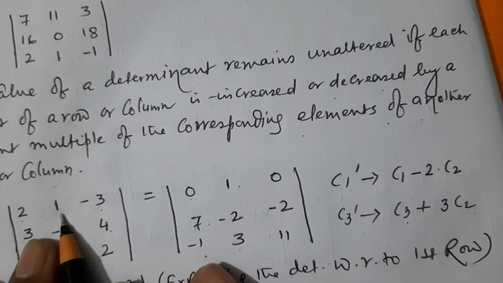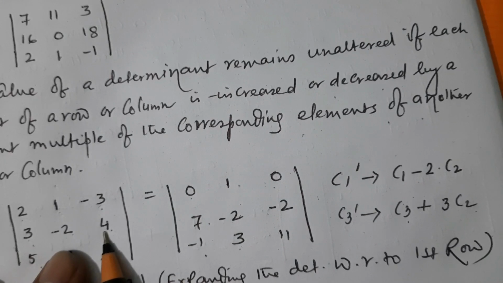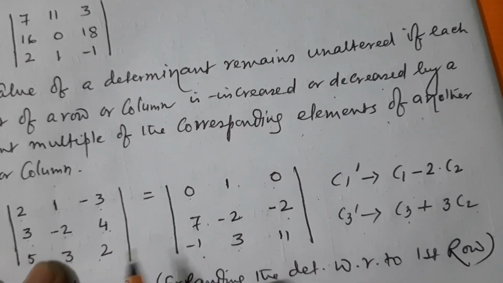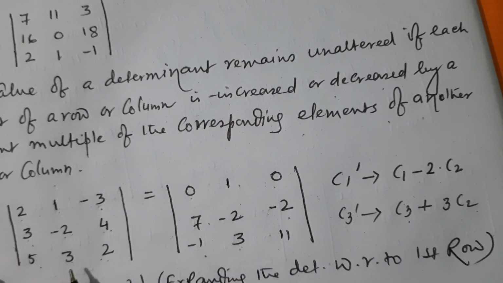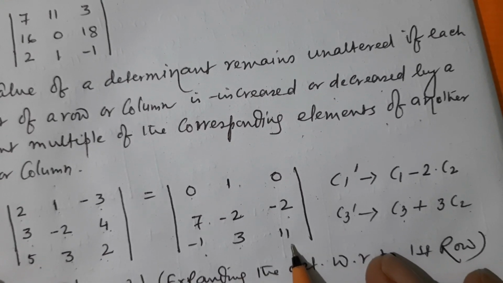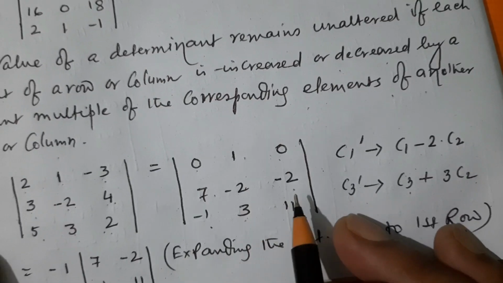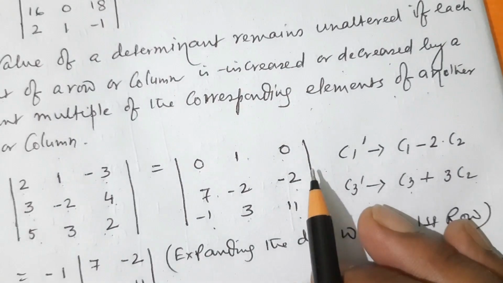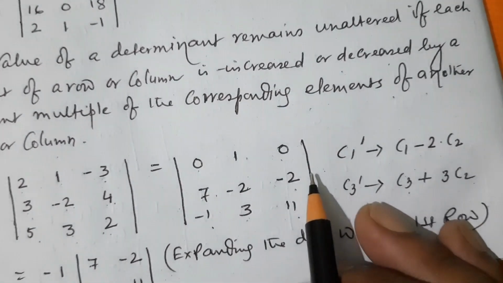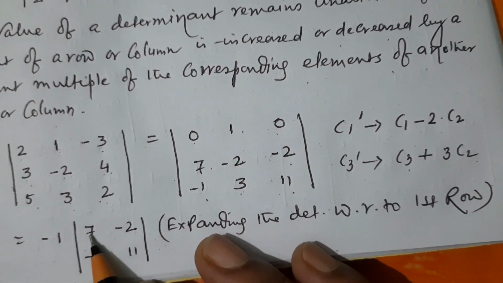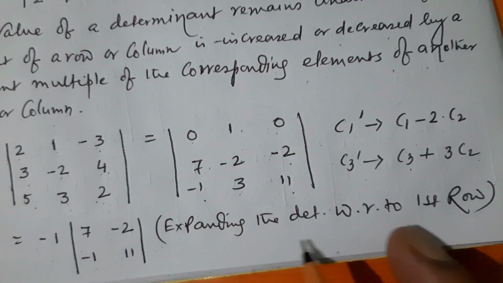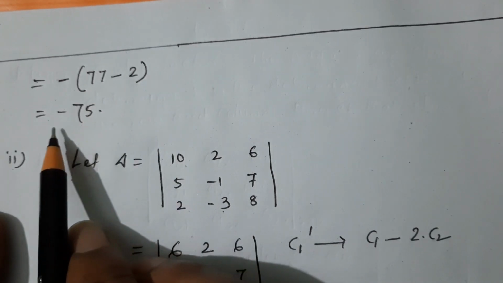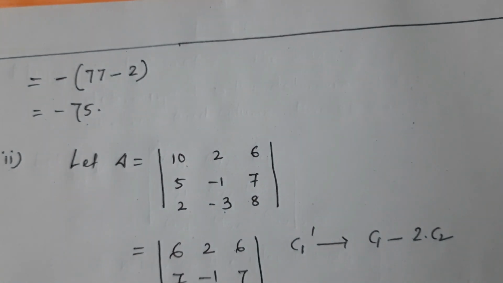Minus 3 plus 3 into 1 is 0, 4 plus 3 into minus 2 is minus 2, 5 plus 3 into 3 is 11. This can be expanded with respect to the first row, and if we expand the determinant with respect to the first row, we get minus 1 into the determinant 7, minus 2, minus 1, 11. Expanding the determinant, minus of 77 minus 2, that is equals to minus 75.